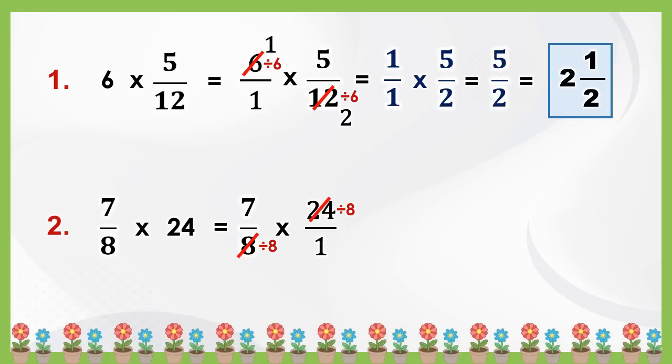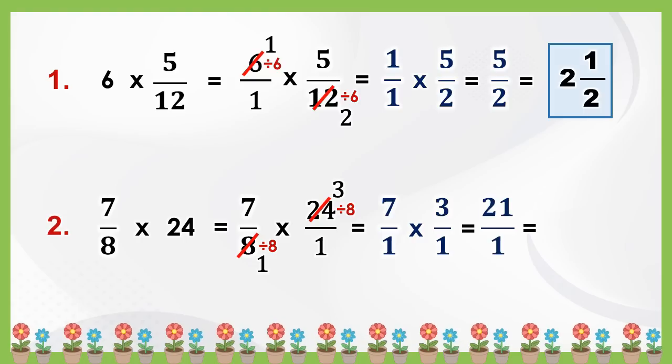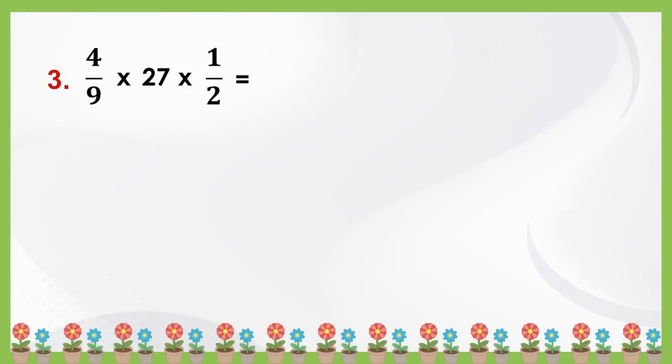Divide. 8 divided by 8 equals 1. 24 divided by 8 equals 3. The new fraction is 7 over 1 times 3 over 1. 7 times 3 equals 21. 1 times 1 equals 1. So 21 over 1 is the same as 21. The answer is 21.